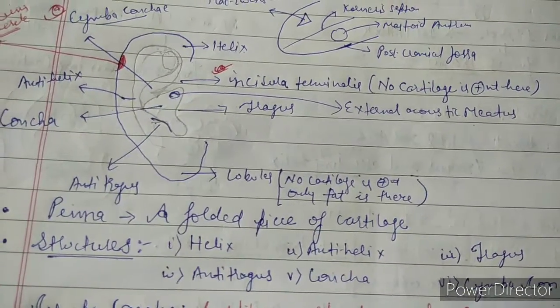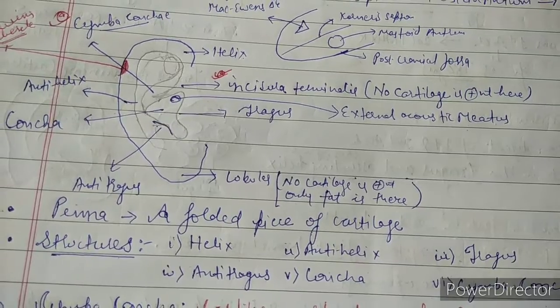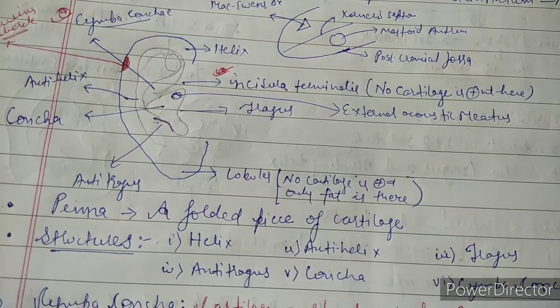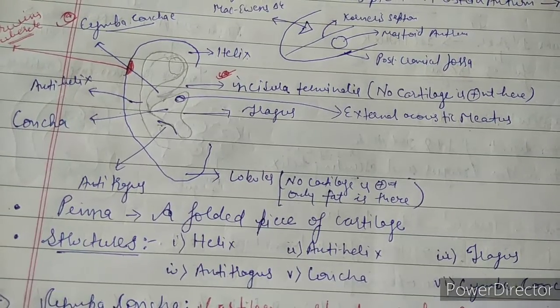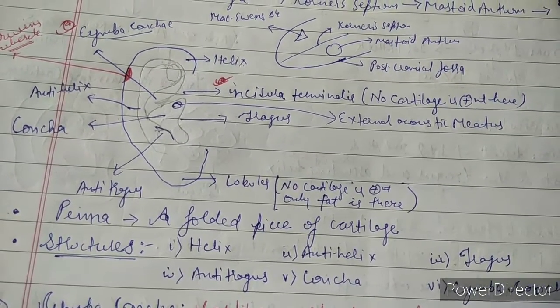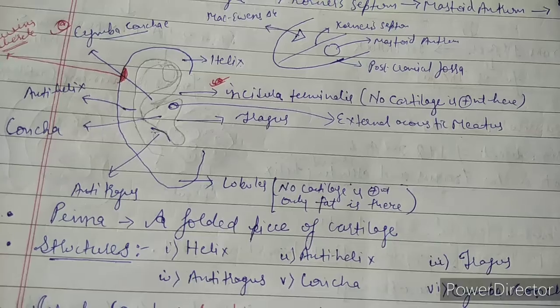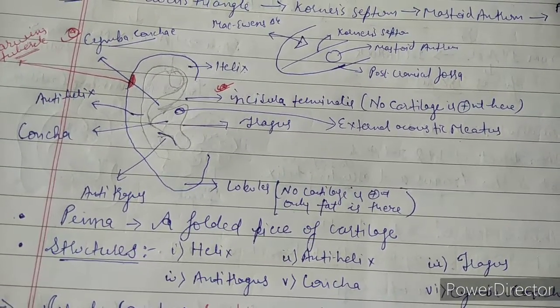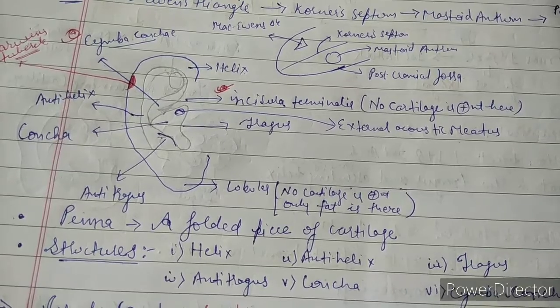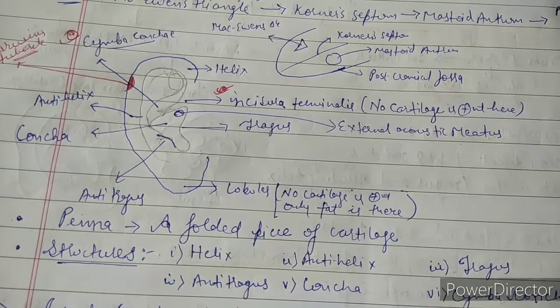The speciality of this space is that no cartilage is present here. You can understand it like this: if I want to do surgery, or go inside the middle ear through the external ear, I have to make an opening.